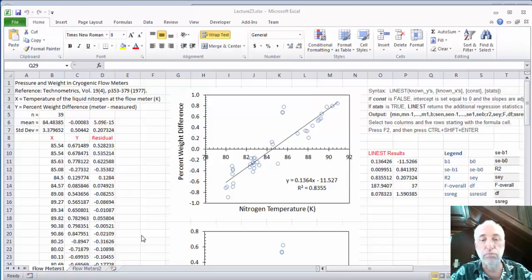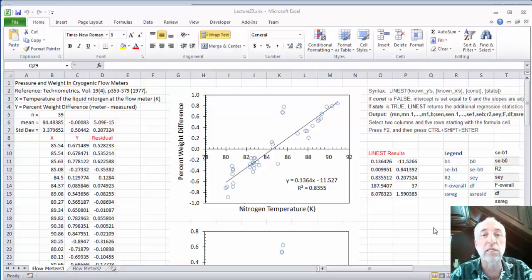So they pumped liquid nitrogen through the system. The flow meter measured how much was flowing through, and then they dumped it into a container and they weighed it, and they looked at the difference between what the flow meter said and what the weight was that they actually measured. So this is essentially the error in the flow meter as a percentage on the y-axis.